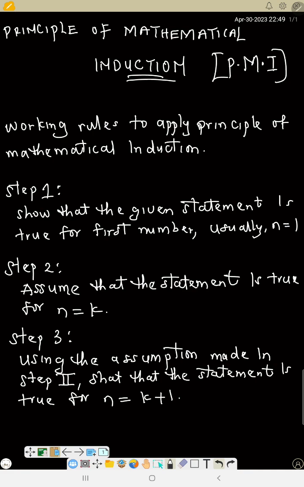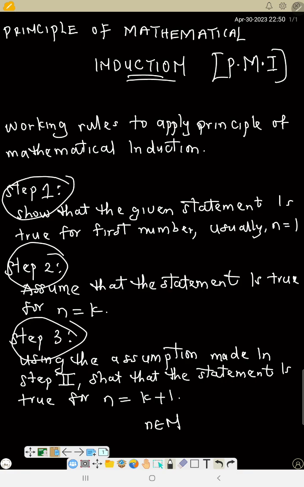So now this completes the principle of mathematical induction. Conclude that the given statement is true for all n is a member of n. So if you have checked your step 1, step 2, step 3, so you have to conclude that the statement is true for all n is a member of natural number, or for any other information given.